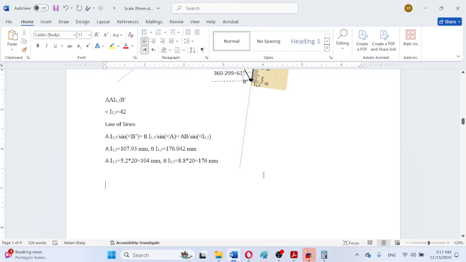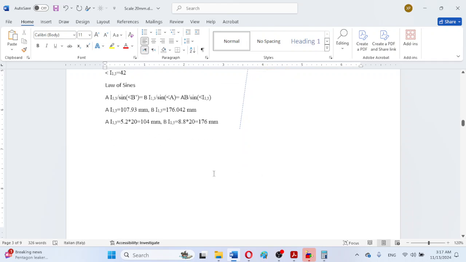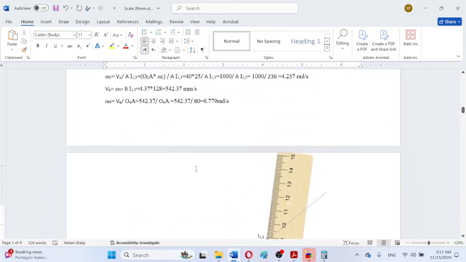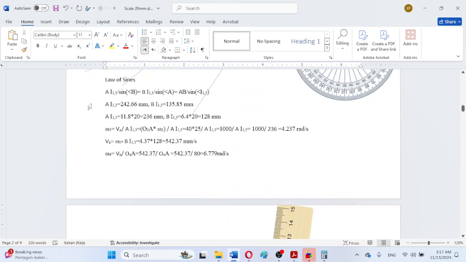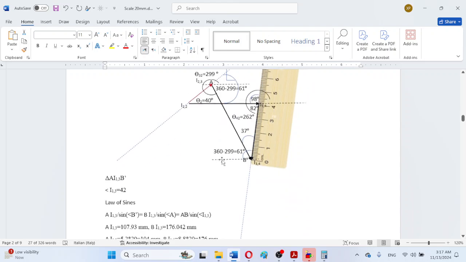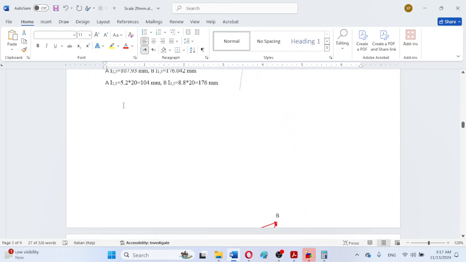Now the procedure is quite simple: again find the angular velocities in a similar manner. Just copy and paste this data here and modify it to save time.